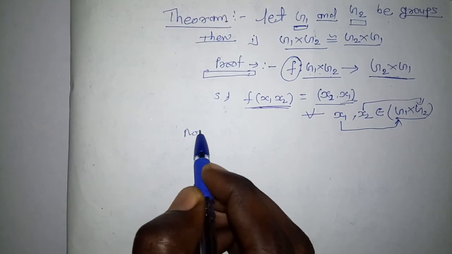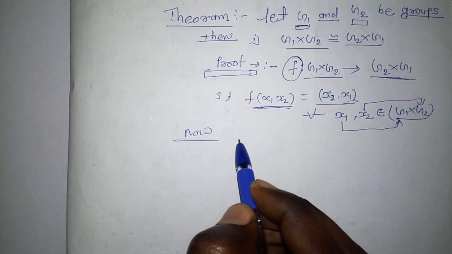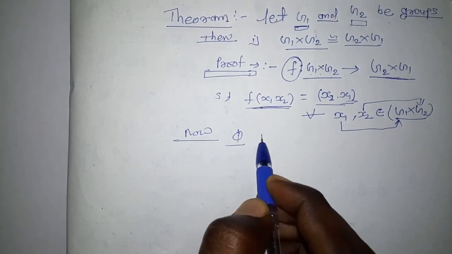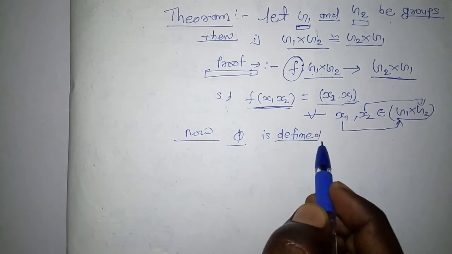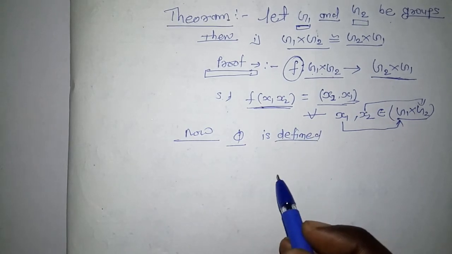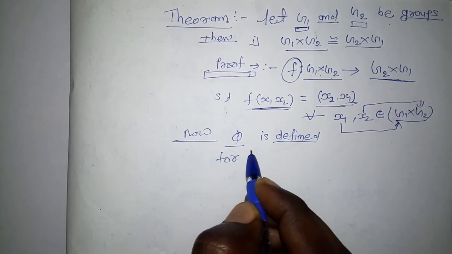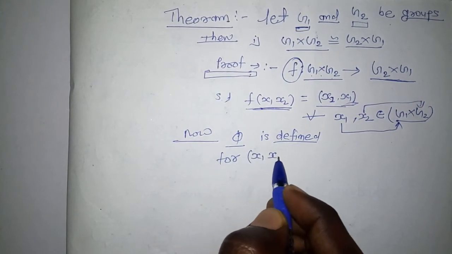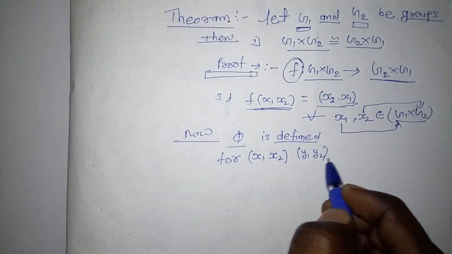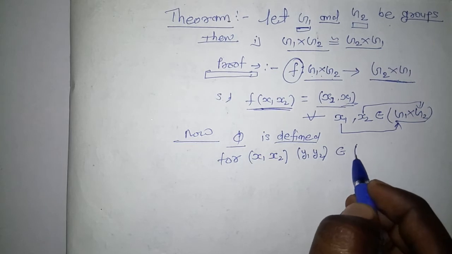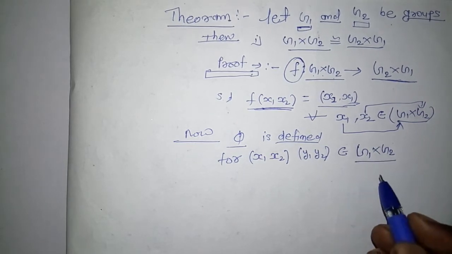Now phi is defined. Okay, phi is a term that is already defined, students. Now for (x1, x2) and (y1, y2) belonging to G1 multiply G2.